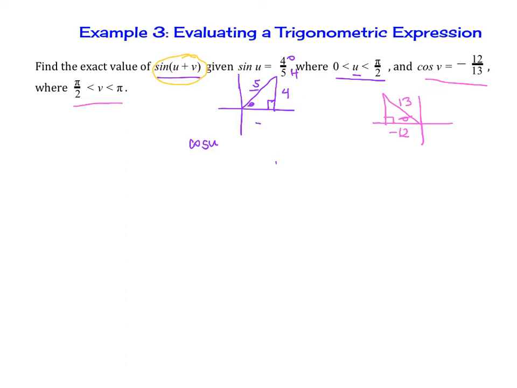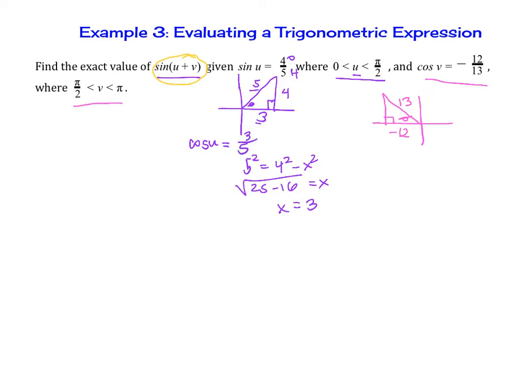And remember that is r squared, so 5 squared equals 4 squared plus x squared. So that's going to be the square root of 25 minus 16 equals x, or x equals square root of 9, which is 3. So this is 3. We therefore know that cosine of u is 3 over 5.